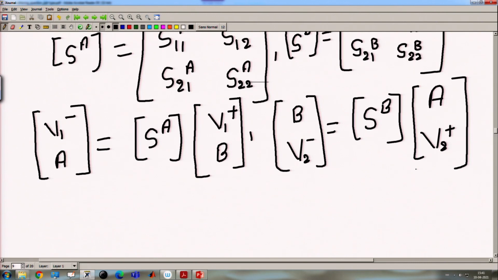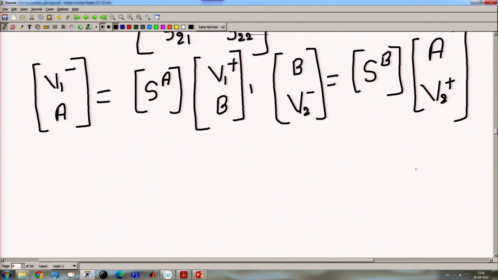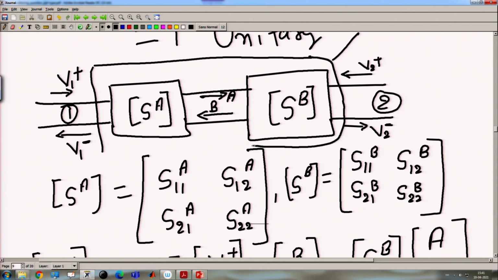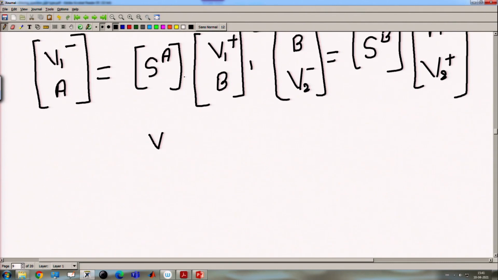From these two equations, if someone writes the total S parameter matrix, we can assume that these two cascaded systems are one system with overall S parameter matrix S11, S12, S21, S22.